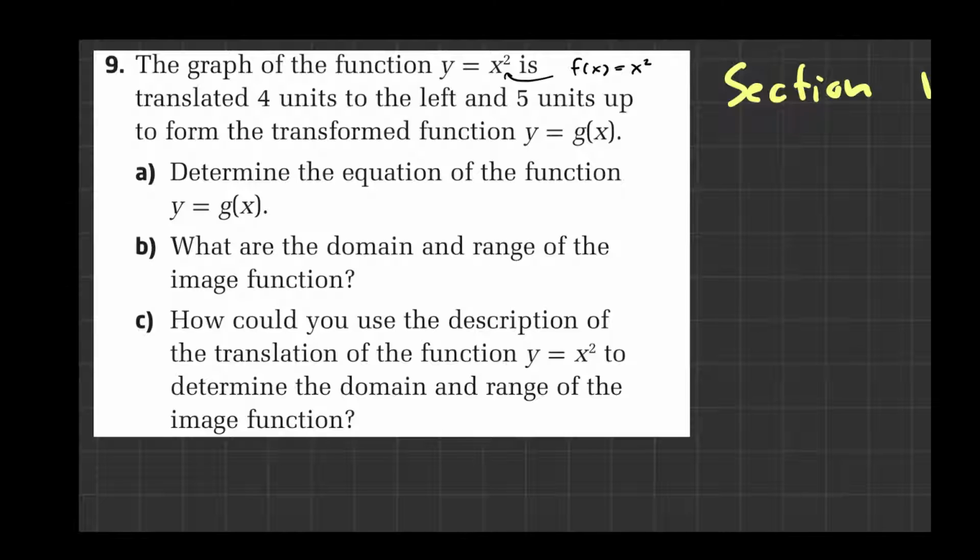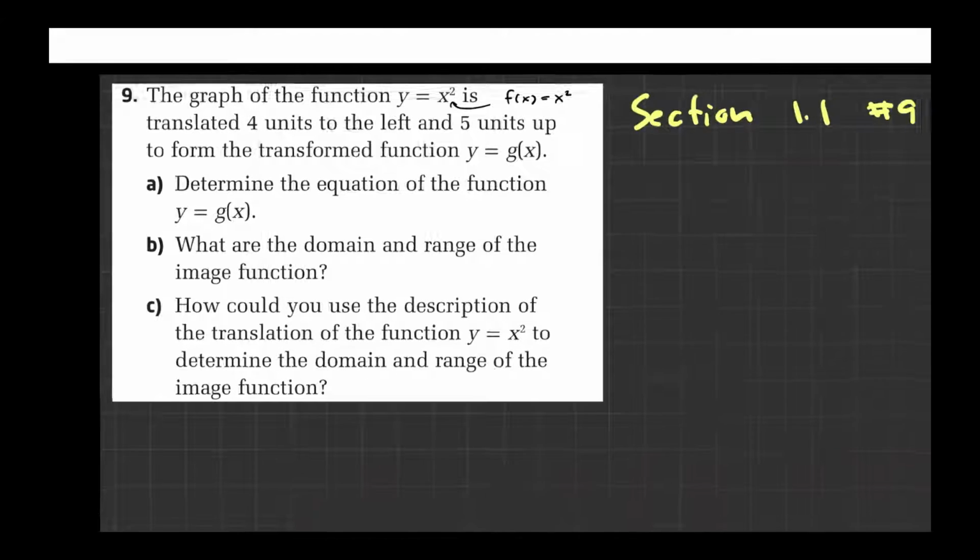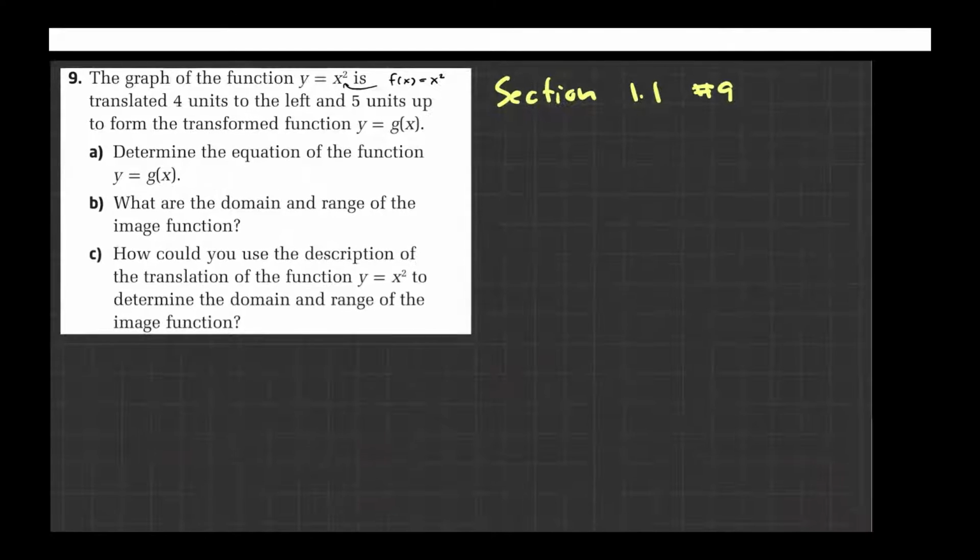We want to find, first of all, the equation of the function y equals g of x. If you were able to watch the video yesterday, you'll know just what to do.